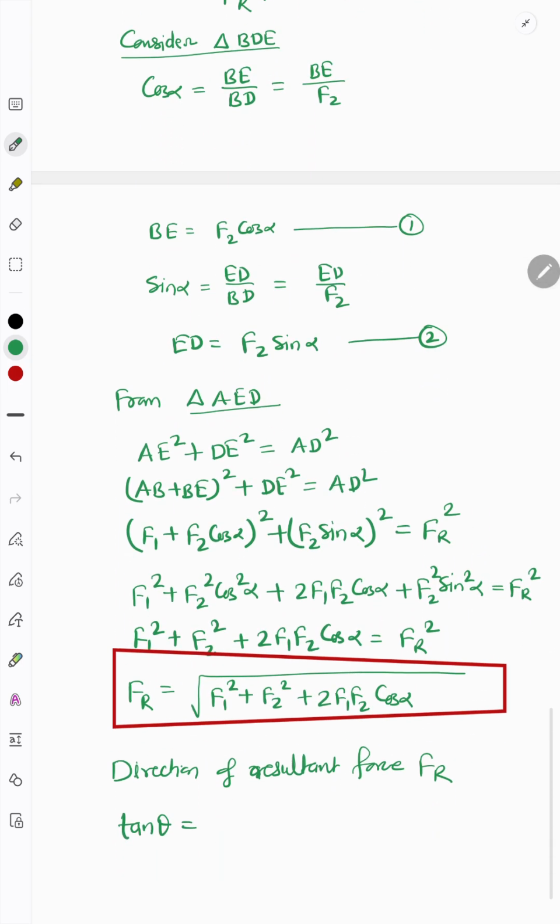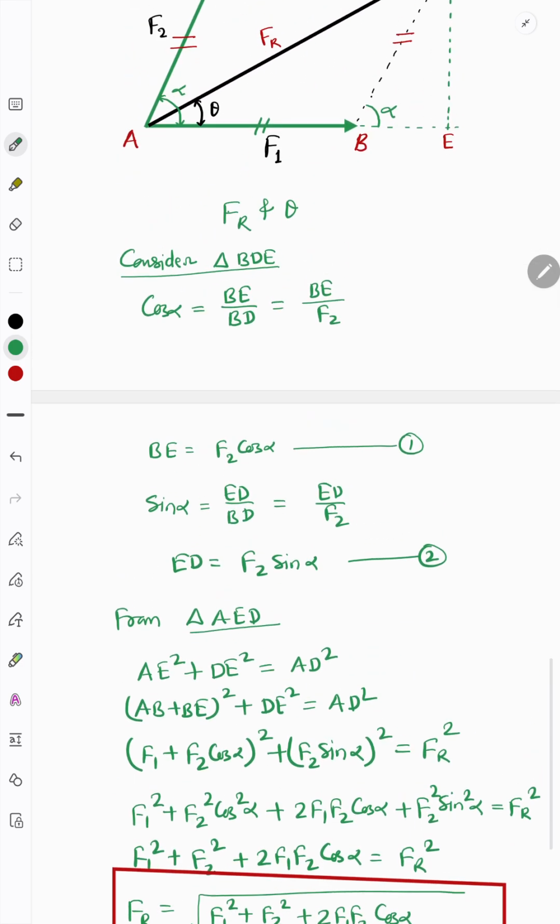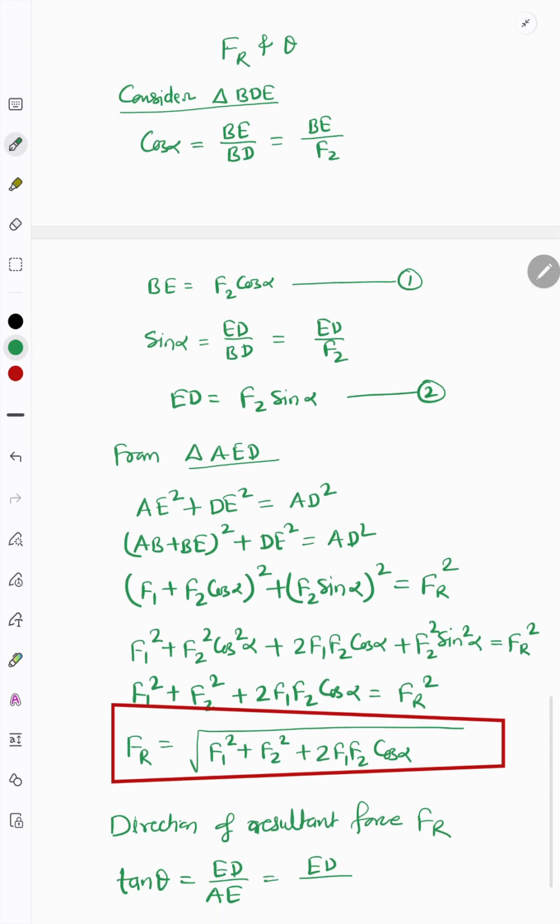ED is ED only, and AE is divided into two parts, AB plus BE.